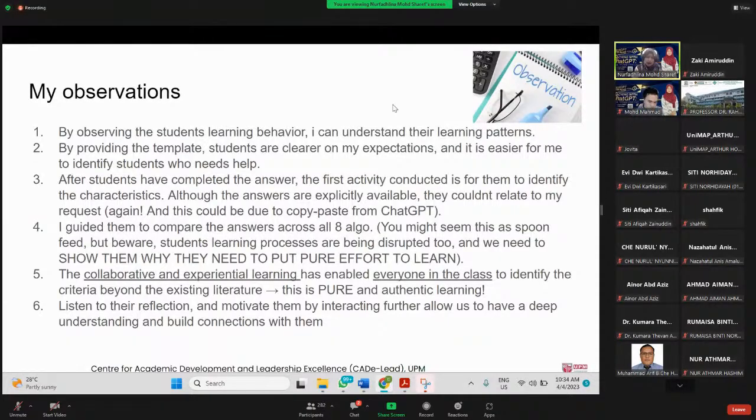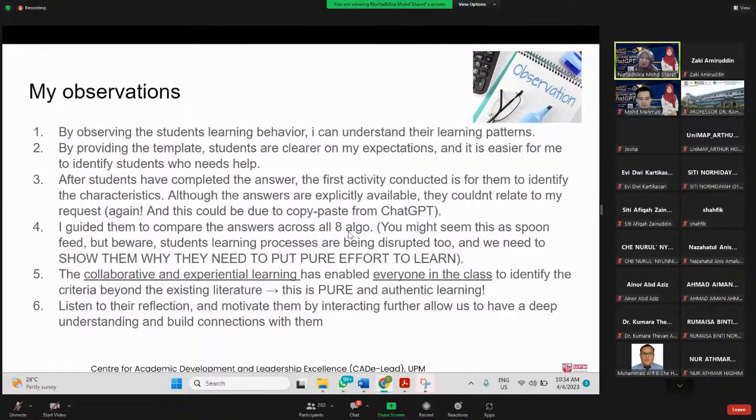And now I am sure collaborative and experiential learning has enabled everyone in the class to be able to develop deep understanding. And this is actually beyond existing literature, because none of the existing materials available have done what we have done together in the class. Isn't this pure and authentic learning? So I know every time I need to listen to their reflection, I need to motivate them further.